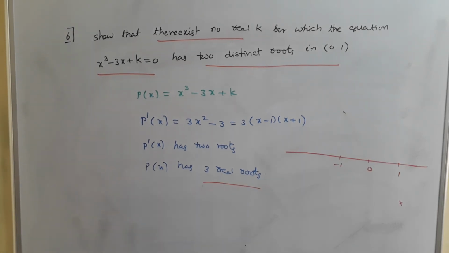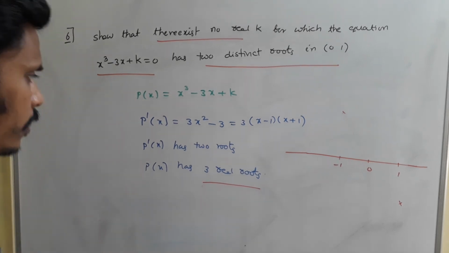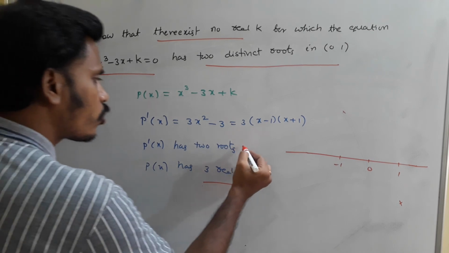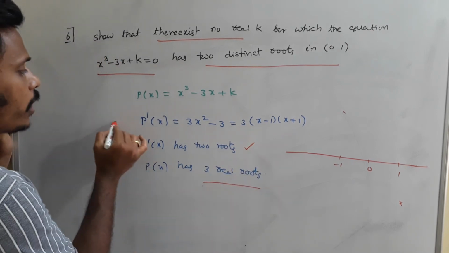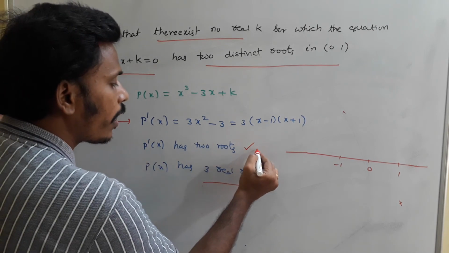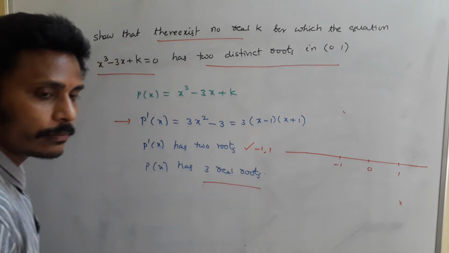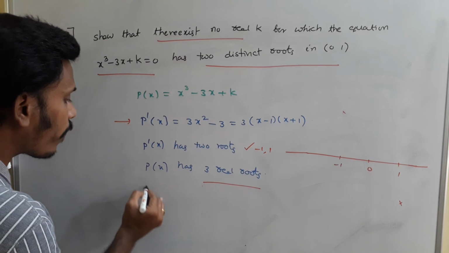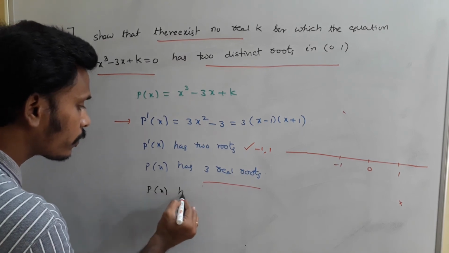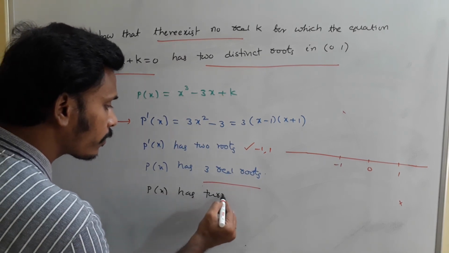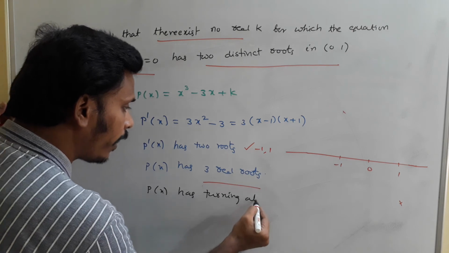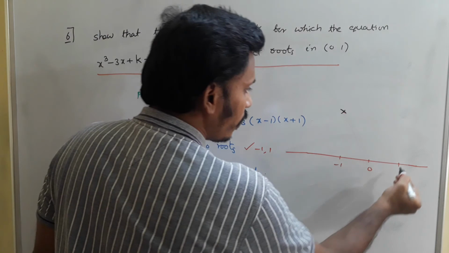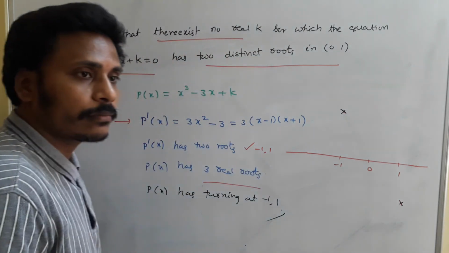See here, the problem is a bit different actually. P of x has 3 real roots, that was clear. P dash of x has 2 roots, that is also clear, namely -1 and 1. And that concludes that this P of x has turnings at -1 and 1. At -1 we have one turning, at 1 we have another turning.